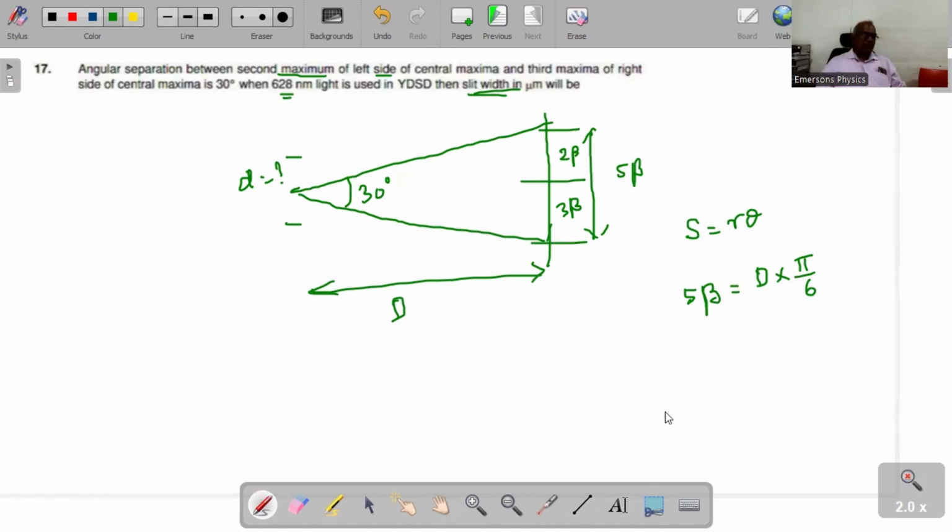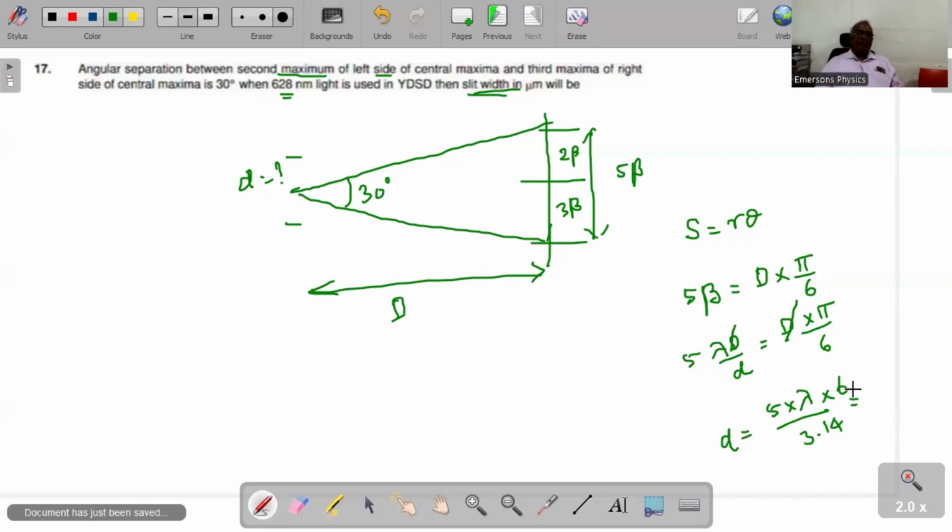Here we wanted to find out 5 into lambda capital D by small d is the value, which is equal to D into pi by 6. Capital D gets cancelled. We wanted to find out small d, taken out: 5 into lambda into 6 by pi, with pi as 3.14.